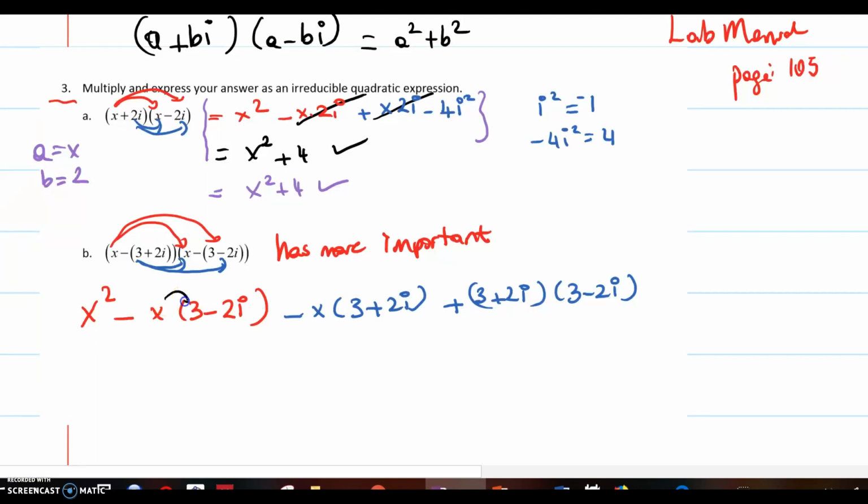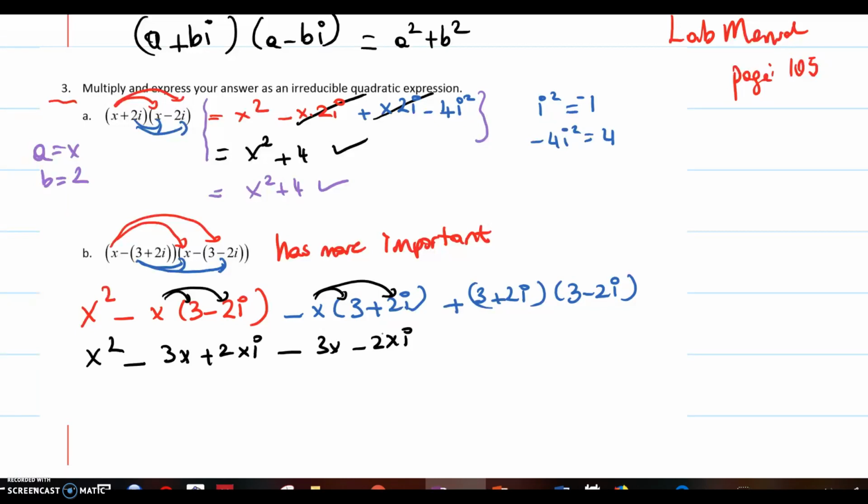Let's move like this. Okay, another distribution. So that will be x squared minus 3x plus 2xi. Okay, minus 3x again. Okay, so minus 2xi. So this is that portion. And then from here, remember what's happening there.